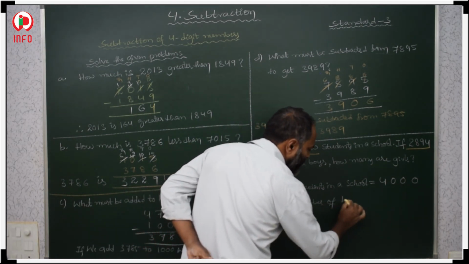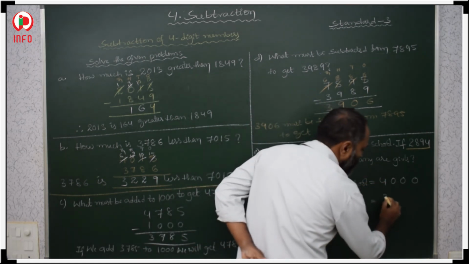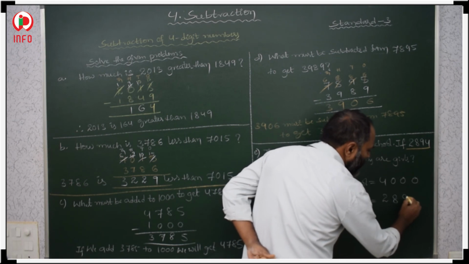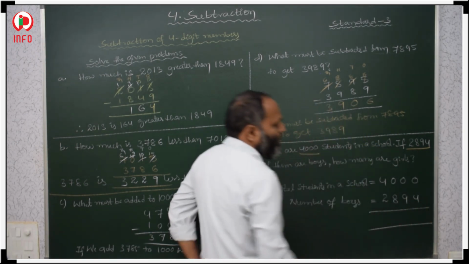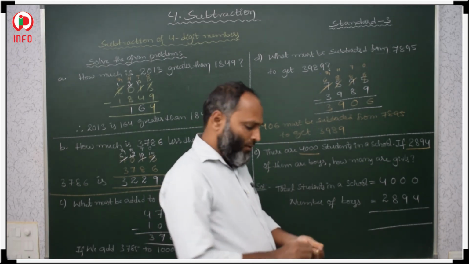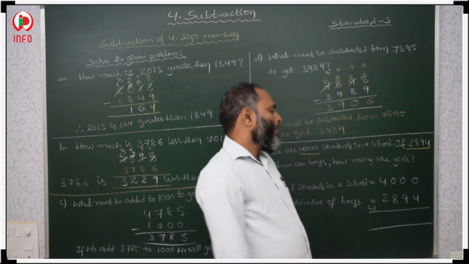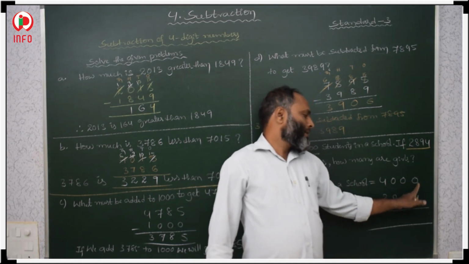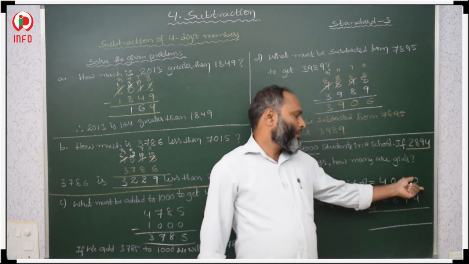How many boys are there? 2894. Then we have to find the number of girls. How to find the number of girls? Minus. 0 is less than 4. So we cannot subtract it.